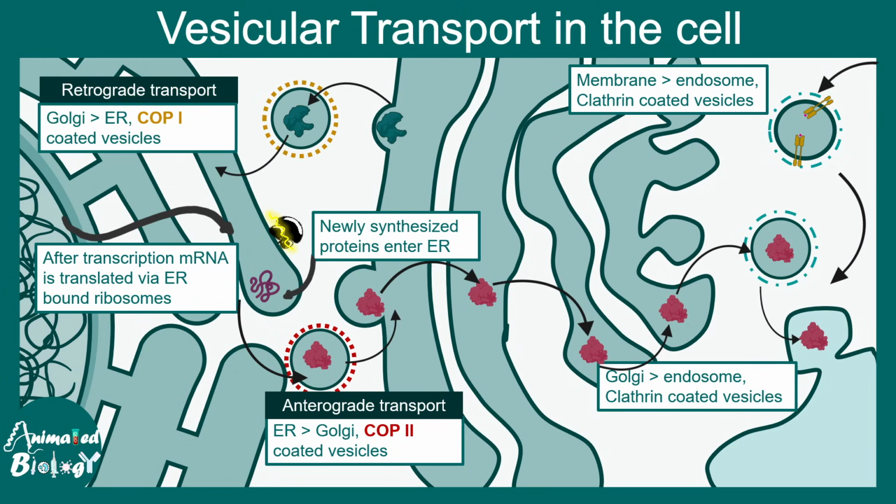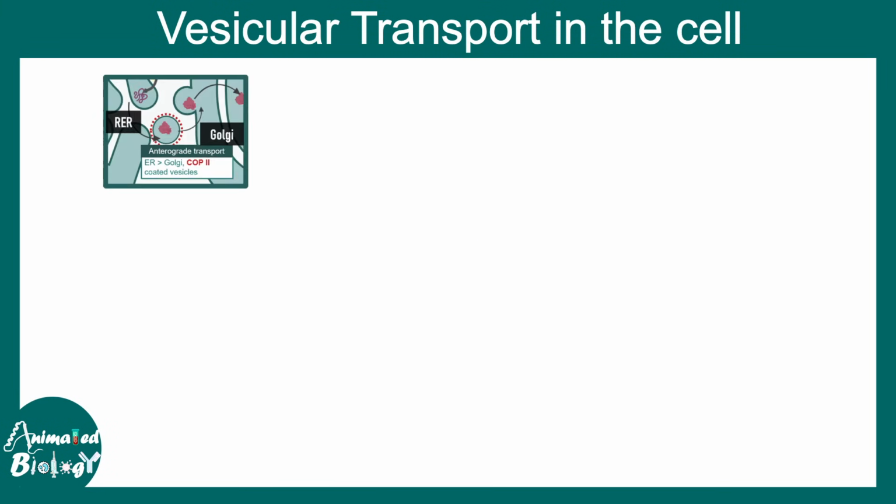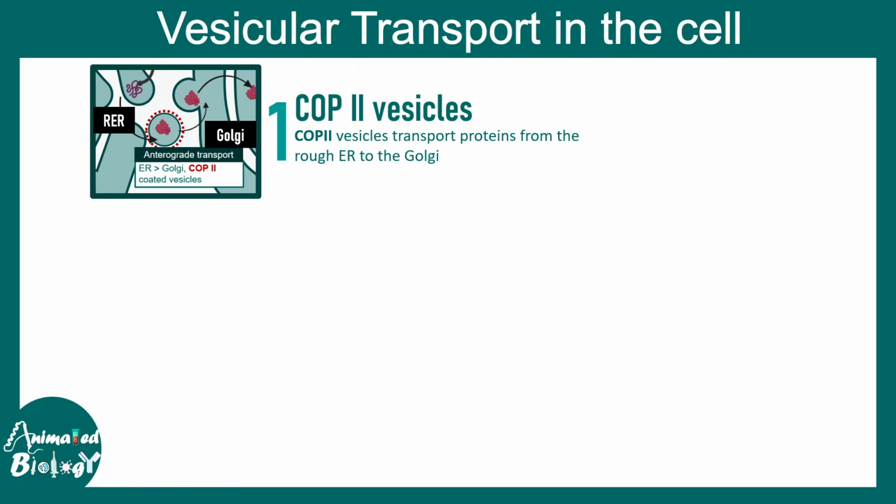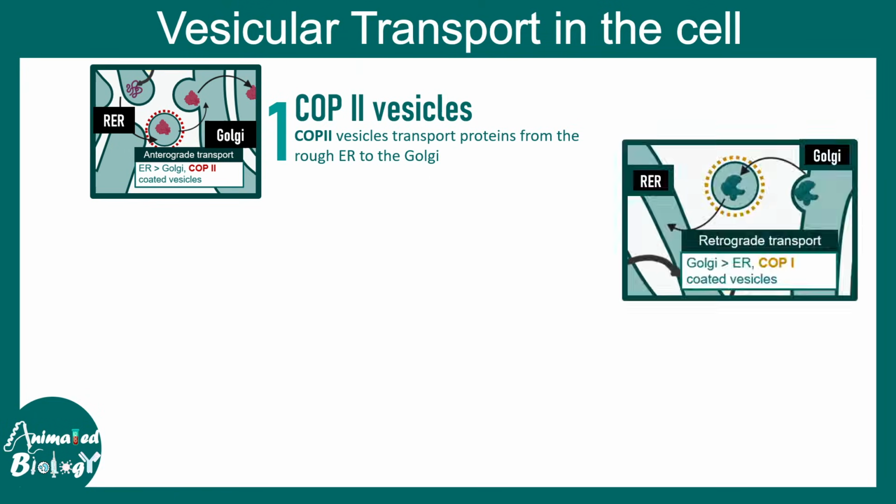Now there is another kind of vesicle, the COP1 coated vesicle, and this mediates the retrograde transport from the cis-Golgi to the endoplasmic reticulum. So overall, we talked about three major types of transport vesicles. First is the COP2 coated vesicle, which transports from endoplasmic reticulum to the cis-Golgi.